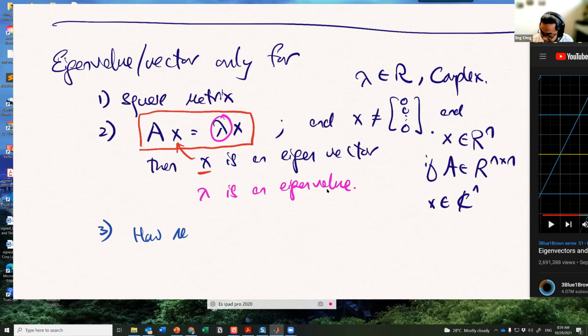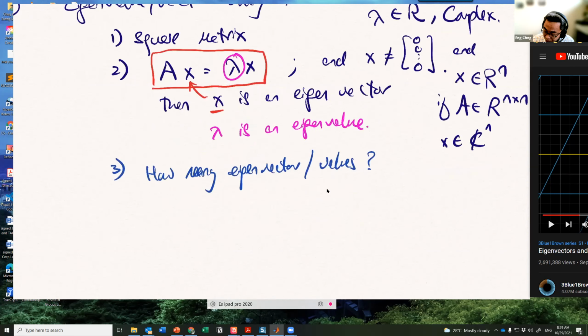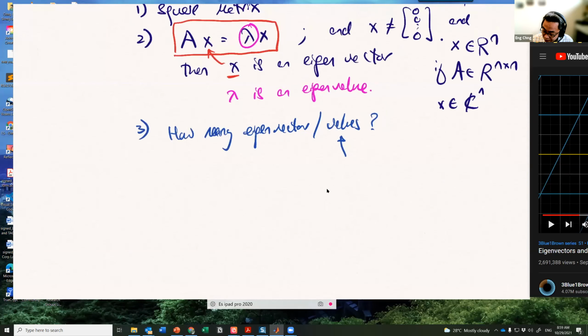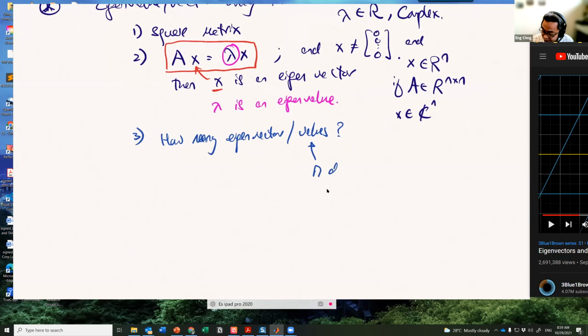If you are lucky, and the matrix is n by n, you can have n distinct.